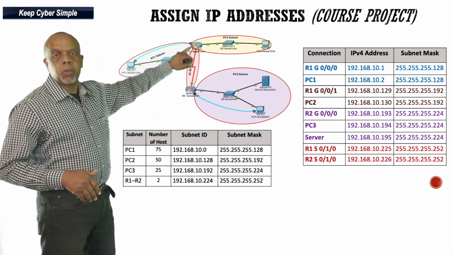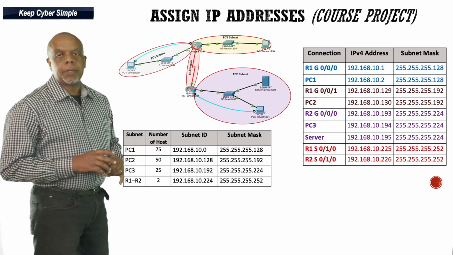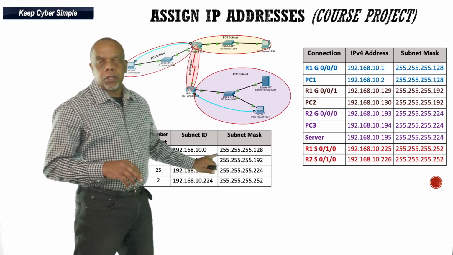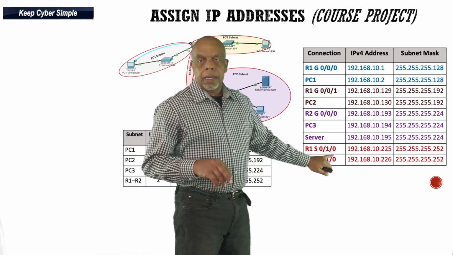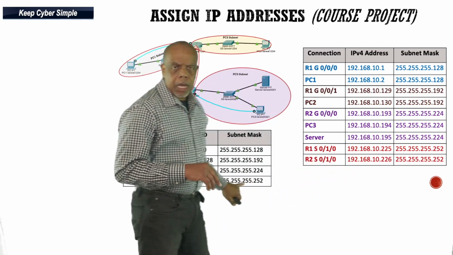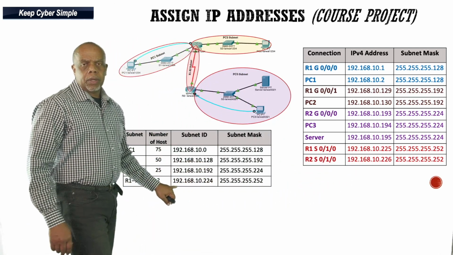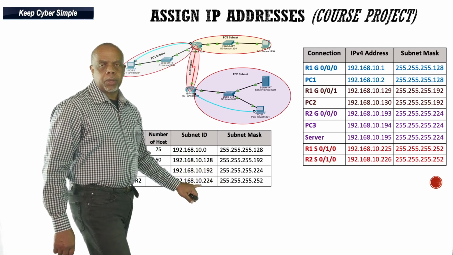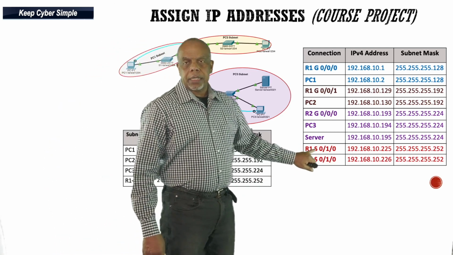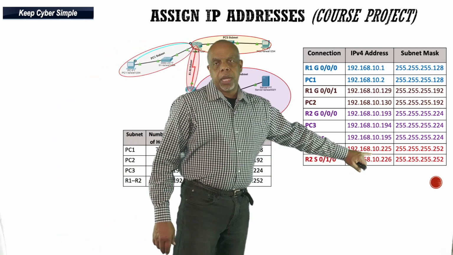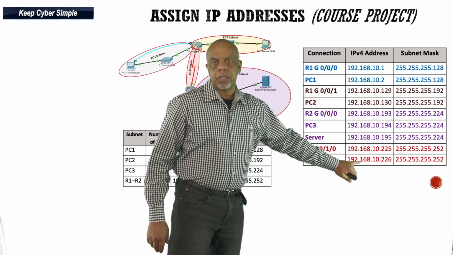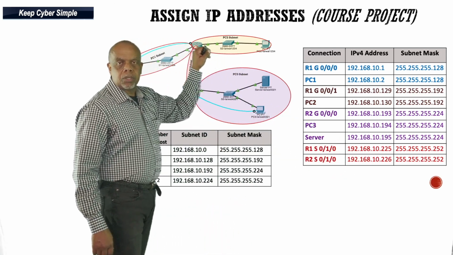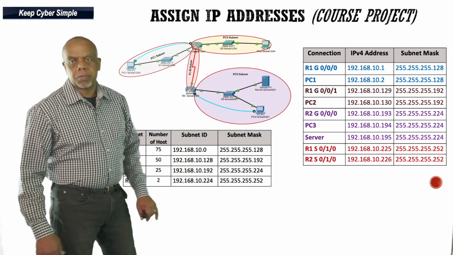Then there's the subnet between the two routers. Here again, the subnet ID is 192.168.10.224. Can't assign that, but I can assign the next one. So I give one router .225, and give the other router .226, just because.